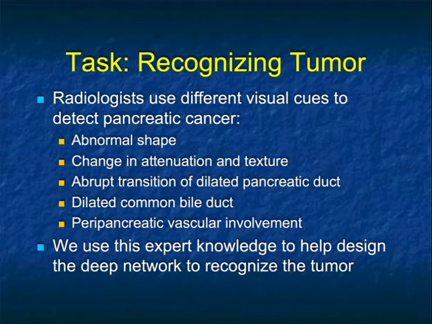We use visual cues for detecting pancreatic cancer: abnormal shape, changes in attenuation and texture, abrupt transition in the pancreatic duct or dilatation of the common duct. We look at peripancreatic vascular involvement. We use this expert knowledge to help design what we do, but also we wanted that expert knowledge to help design the deep network to recognize the tumor.